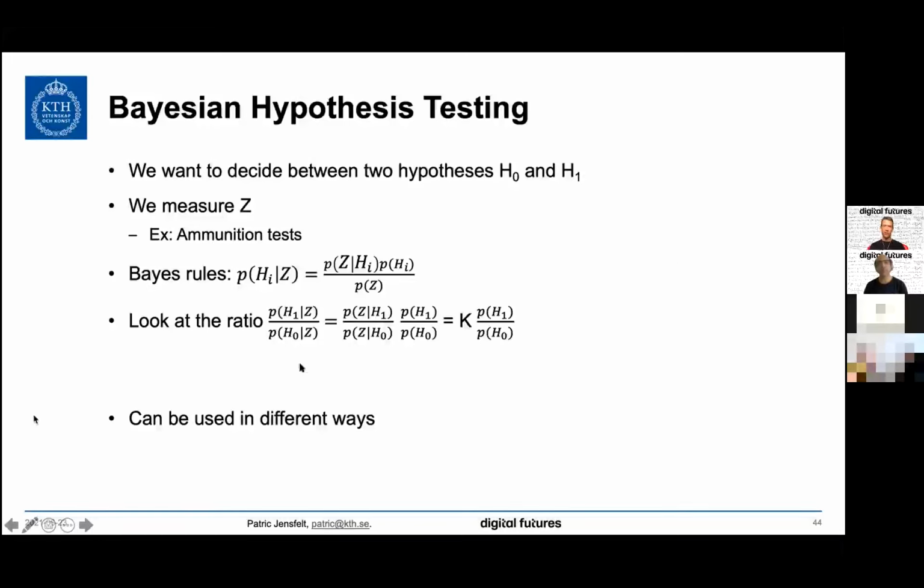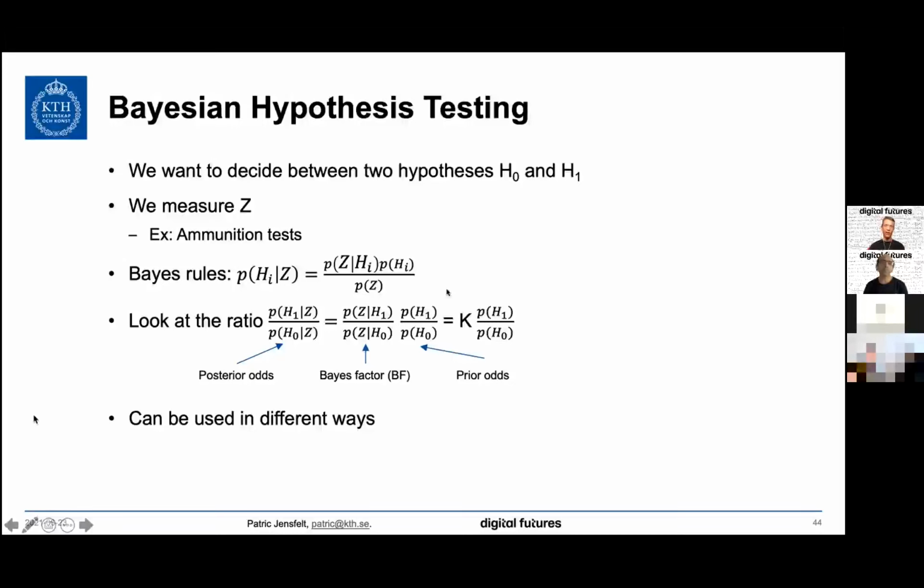We have the posterior odds, and we have the prior odds here. So this is what we thought from before. When we use all the data, we have the posterior odds. And then in the middle here, we have the likelihood ratio, which is often called the Bayes factor.